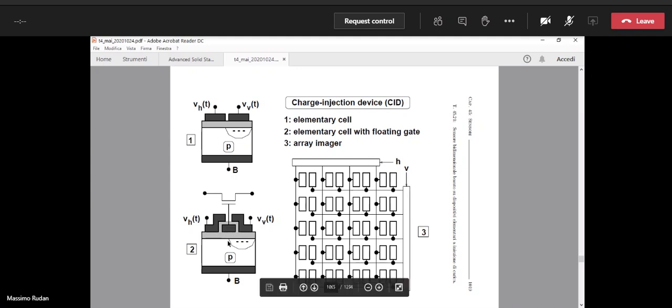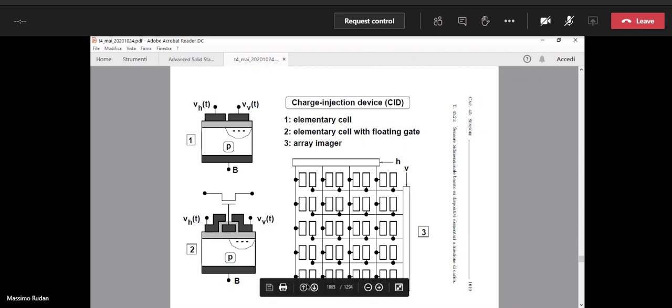Okay, the interface of the semiconductor is a place in which we have the crossing of the charge packet from left to right or vice versa. So the interface is a position in which we are injecting the charge. Okay, and of course when we inject the charge we modify the value of the surface potential.